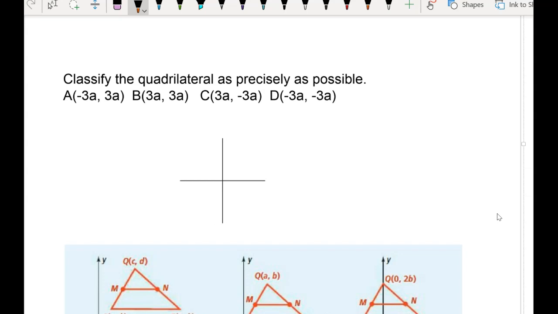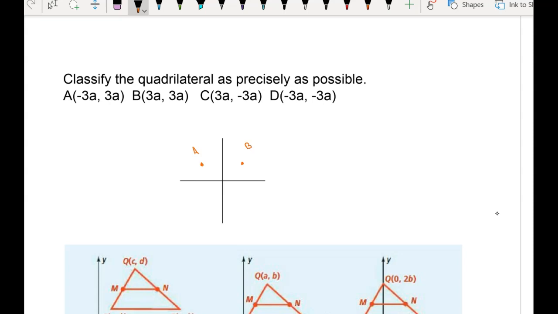So I'm just going to look at the coefficient, which is either 3 or negative 3. So for point A, we go left 3, up 3, and then plot. For point B, it's positive, so we go to the right 3, and then up 3, and then plot.